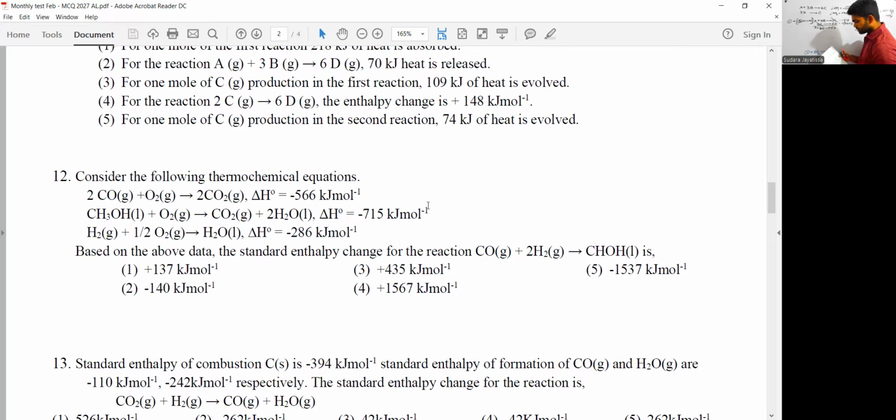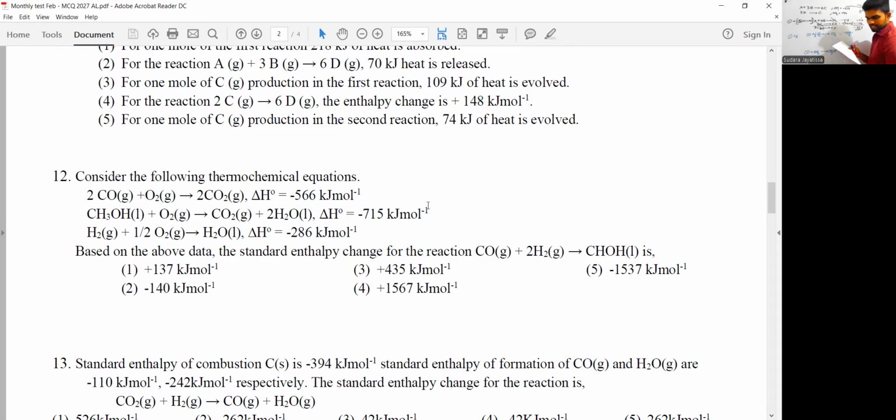Okay, now tell me what to do with the first equation. In our first equation, carbon monoxide is there on the left side. Here we have only one carbon monoxide, so we can say divide the first equation by 2. When you divide the first equation, it will become carbon monoxide plus half O2 goes to carbon dioxide. Enthalpy change will also be divided by 2, 566 divided by 2.